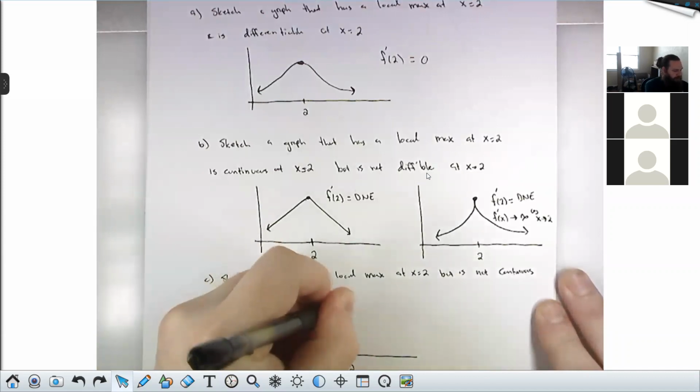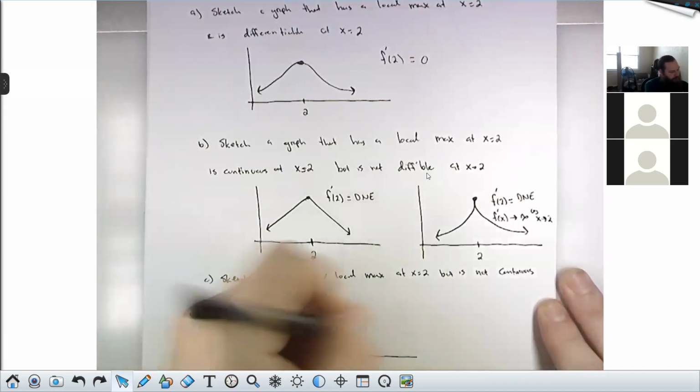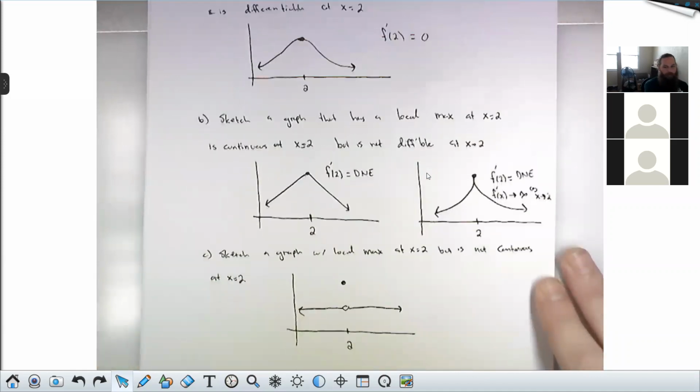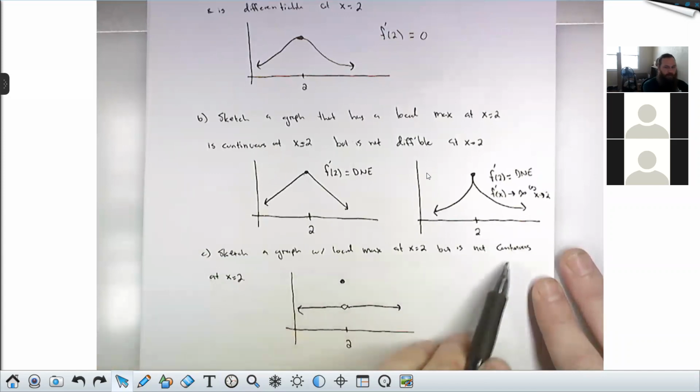The easiest way to do this is something silly like this. This definitely satisfies the definition of a local max. This is the tallest point on the graph nearby, right? But the graph is not continuous.